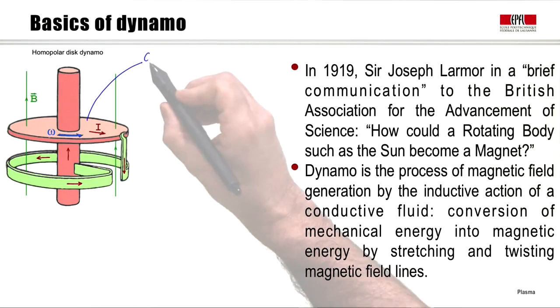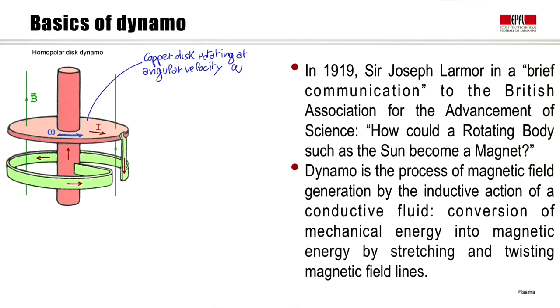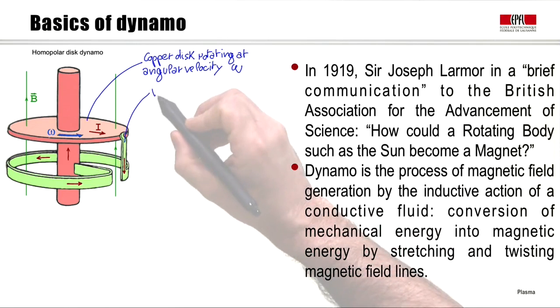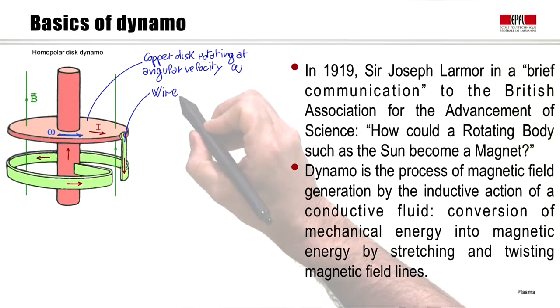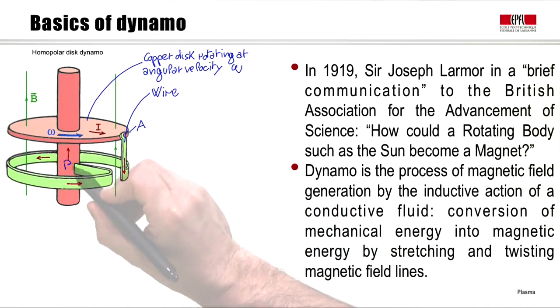Let's consider a copper disk that rotates at an angular velocity omega. The rotation is externally driven, for example by a motor, by applying a torque to the axis of the disk. A wire, which is twisted about the axis as shown here, makes a sliding contact with the disk at points A and B.